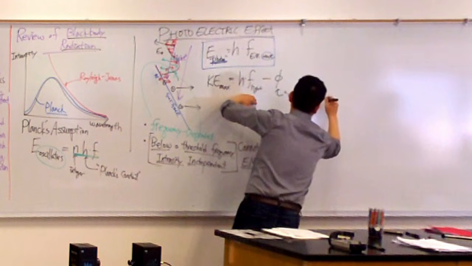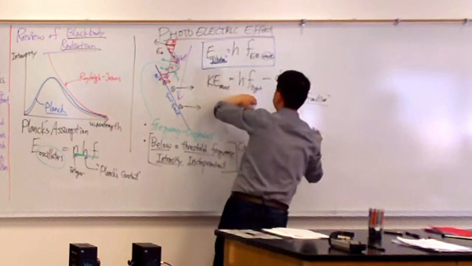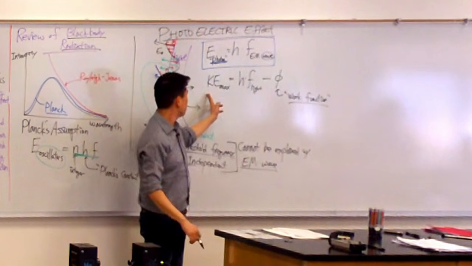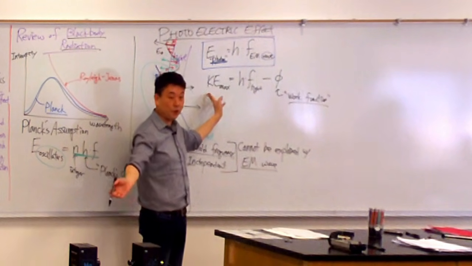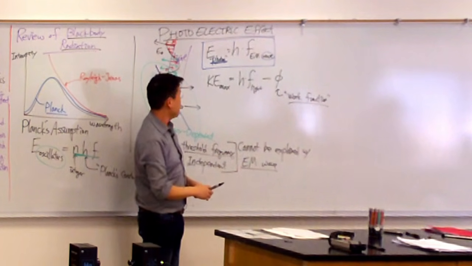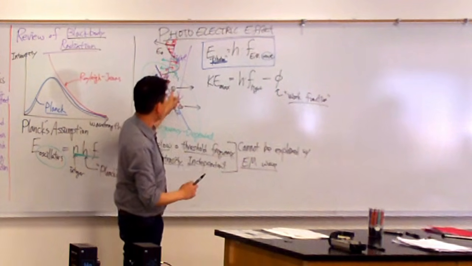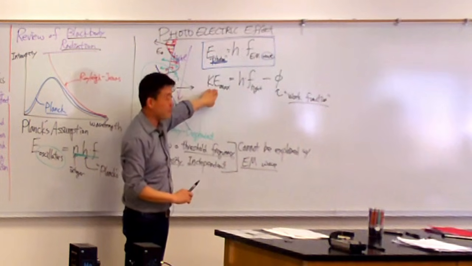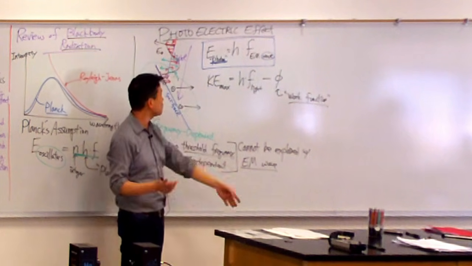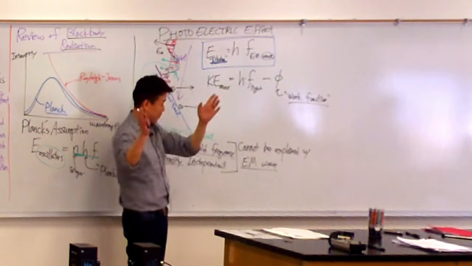So this is a pretty simple analysis of what must happen based on a collision of two things that have energy. And once you have electrons popping out with some amount of kinetic energy, then you can think of some electrical arrangement to try to measure this. That's what your lab setup is.